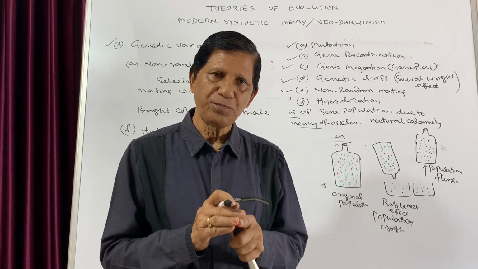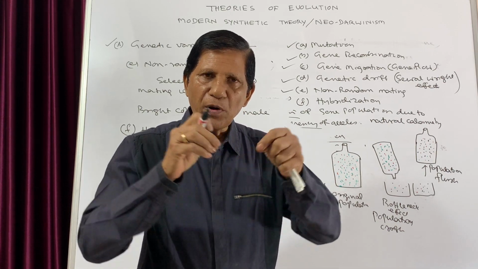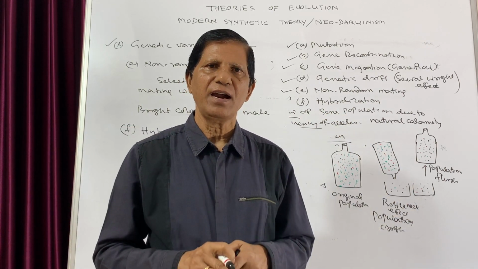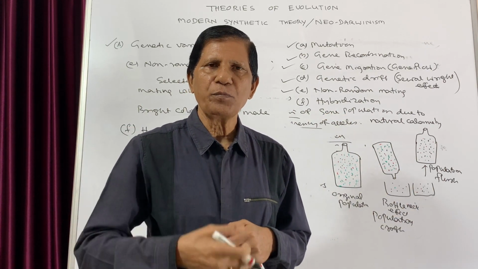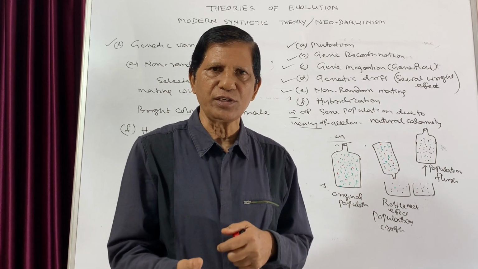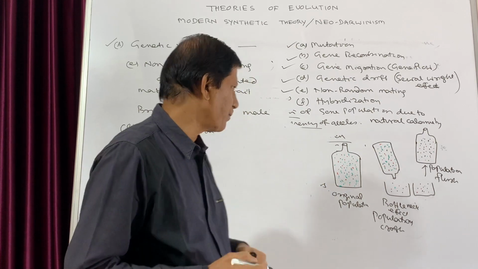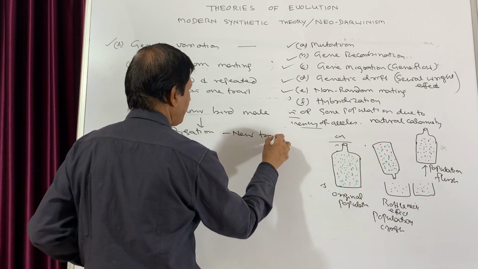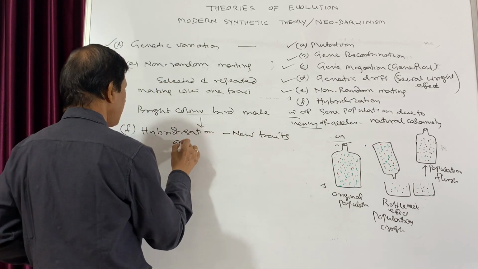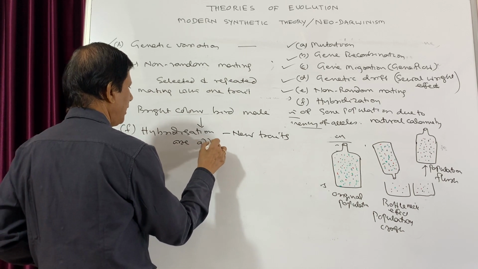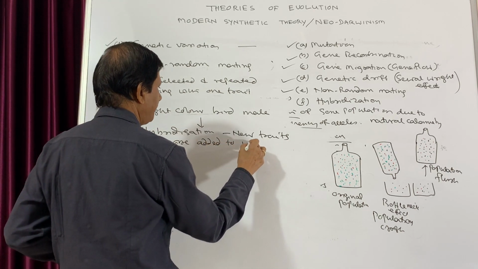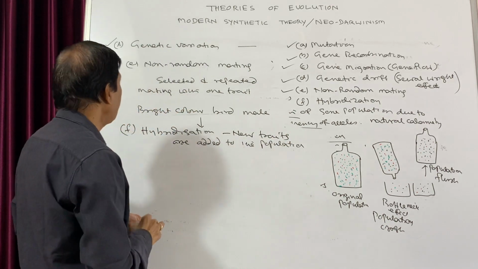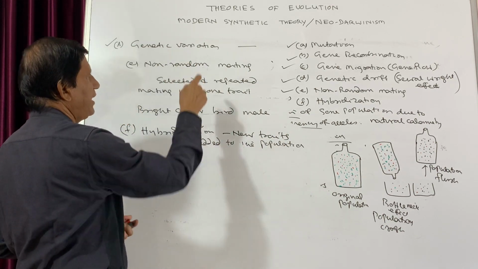As a result, two or more traits are combined together, adding more allelic frequency to the new population. That means new traits are added to the population. So these are the different reasons for genetic variations.